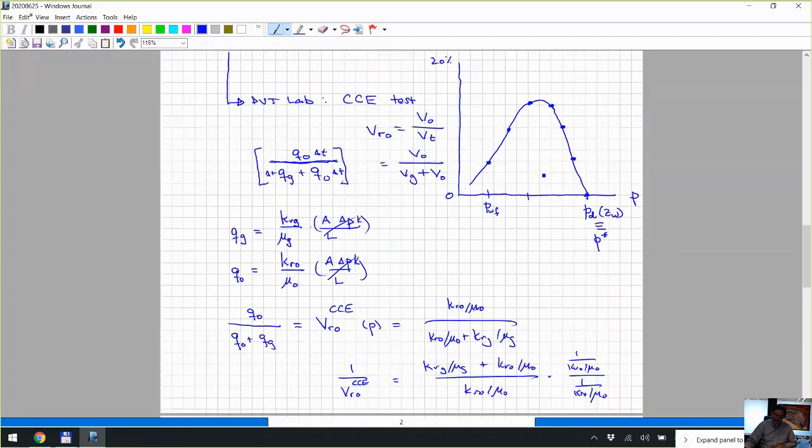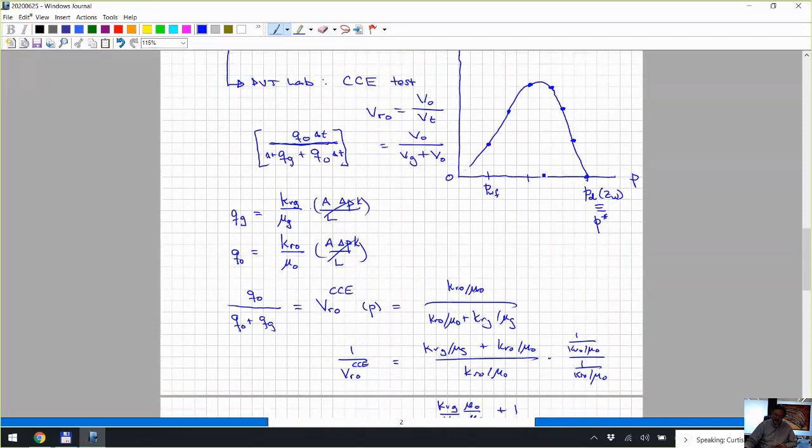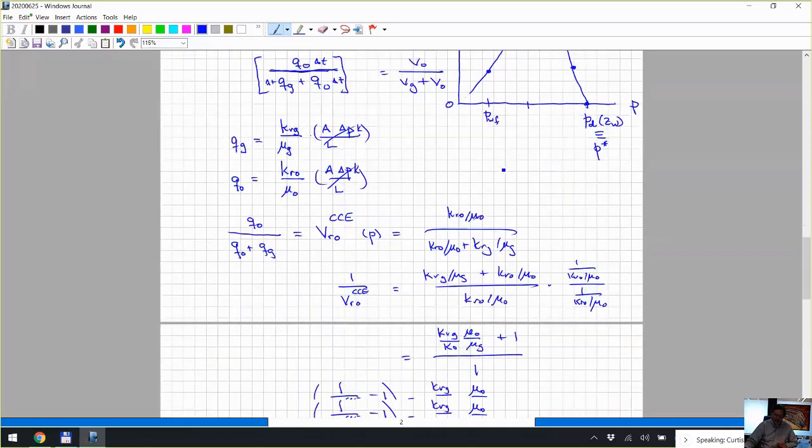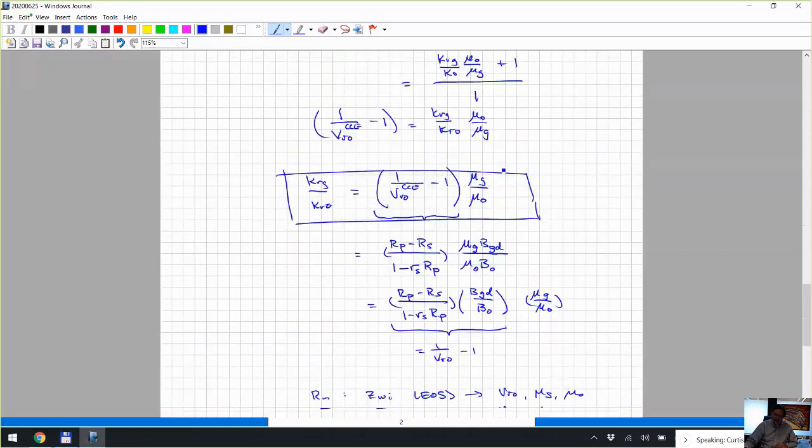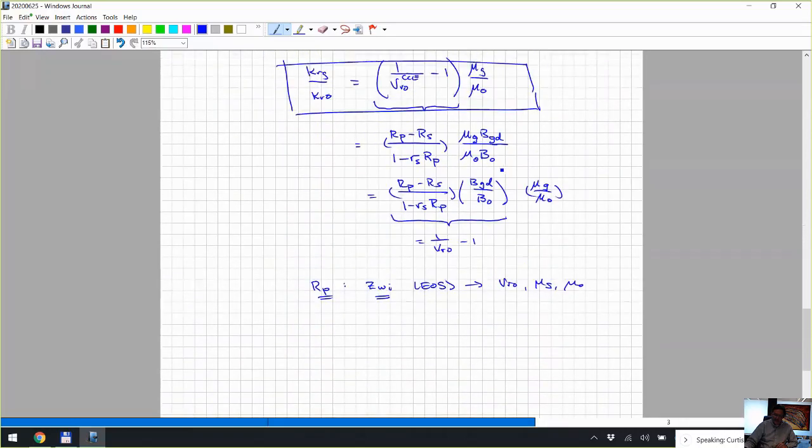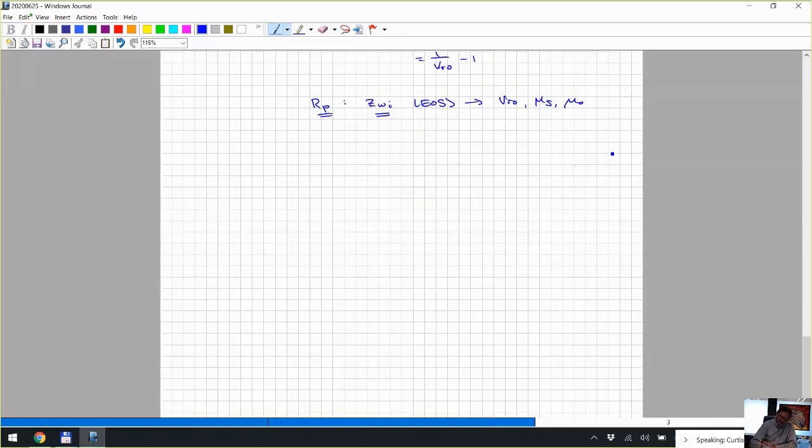And probably the most confusing thing about this is that when we find the KRG KRO, and then we go to the relative permeability curve, the table that we have, like we did yesterday. So we've got KRG, KRO as a function of pressure.